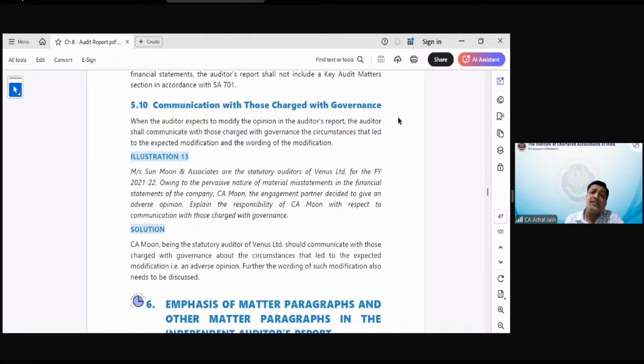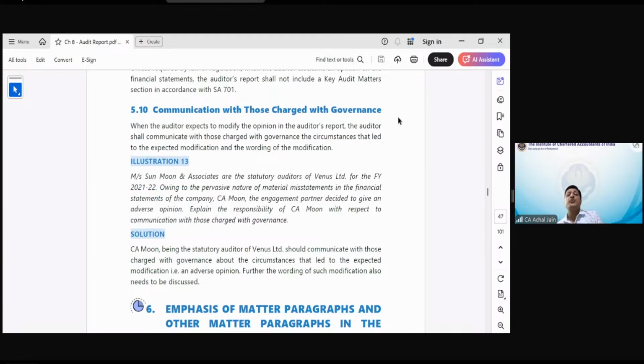CA Moon, being the statutory auditor, should communicate with the TCWG about the circumstances that led to expected modification. Means his point of view as to what is the misstatement, why it is material, why it's considered pervasive. And if that is the case and it remains not adjusted, means it's not rectified, then the auditor's report will be the modified one and the modification will be in the nature of adverse opinion.